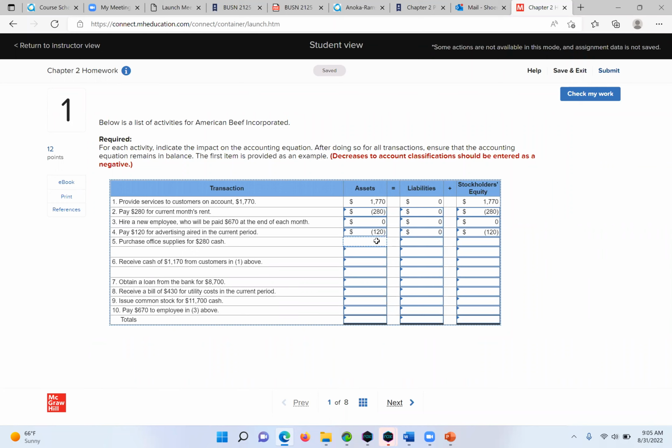So it'll be like plus 32 for supplies, minus 32 in assets. Awesome. Liability would be a 0 and stockholders' equity would be a 0. Excellent. So our assets on one end, they go up 280. On the other end, they go down 280. So do you see how I show that in here?